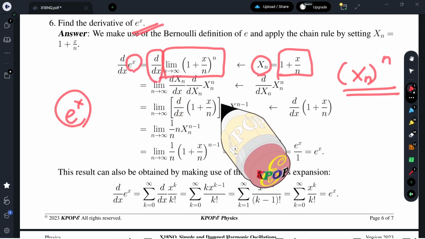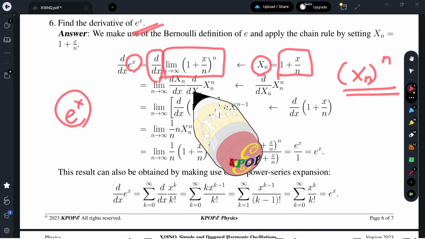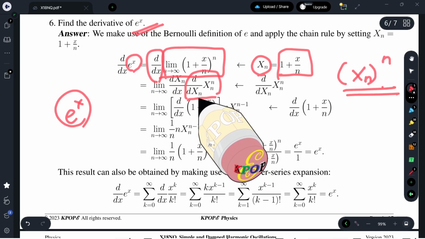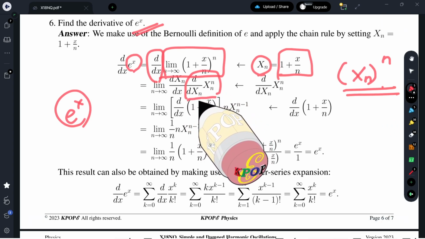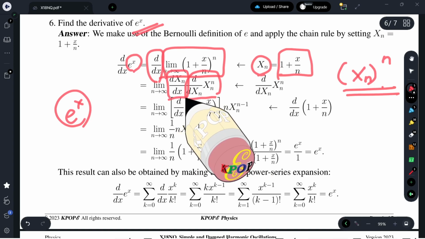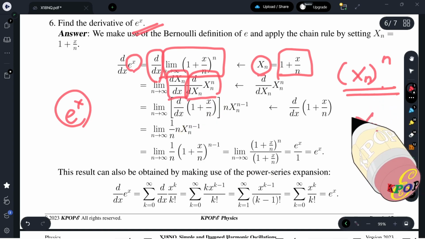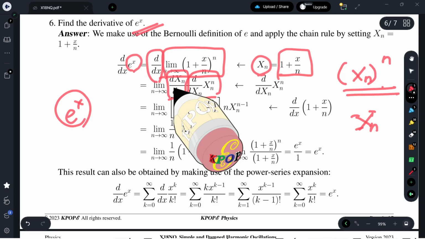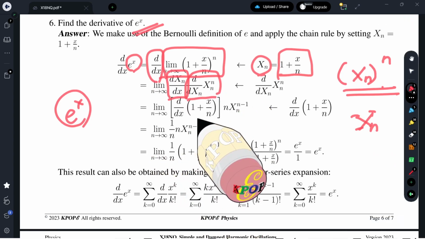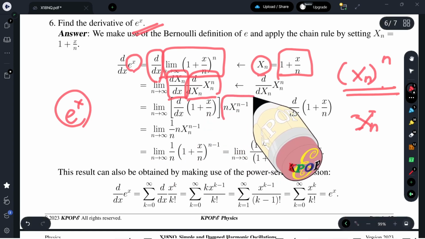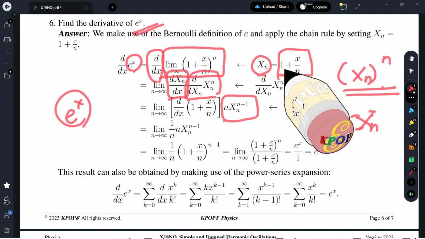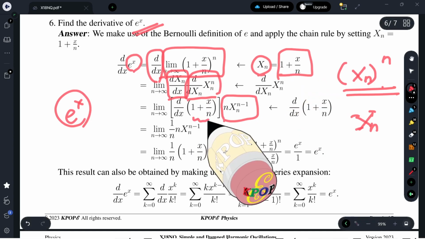We make use of the chain rule and first take the derivative of this with respect to capital X of n, and multiply by the derivative of capital X of n with respect to small x. As a result, we find this one is this, and in this one I substitute the original value here.